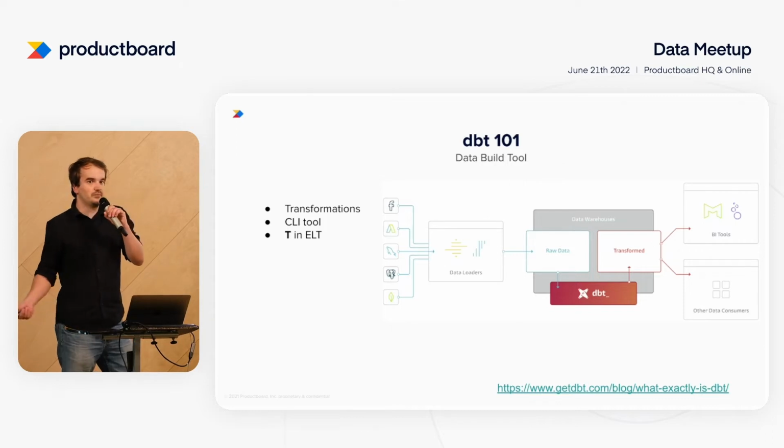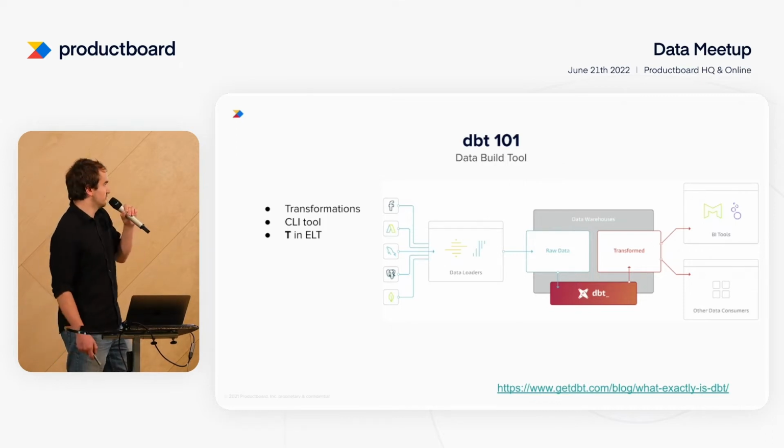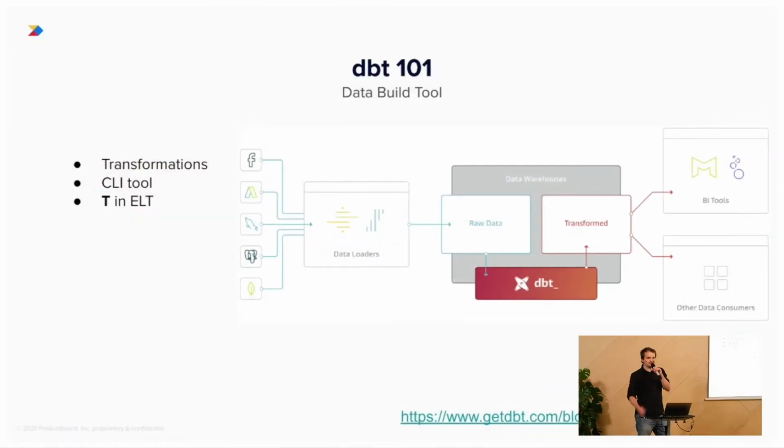You can use plain Python, for example, but there are other tools like Stitch, Fivetran. Also, we have Kebula, so you can use Kebula. And then dbt expects that all the data are in your warehouse, and then you can run the dbt models, the transformations, and BI tools can consume the transformed data, and also it can be consumed by other data consumers.